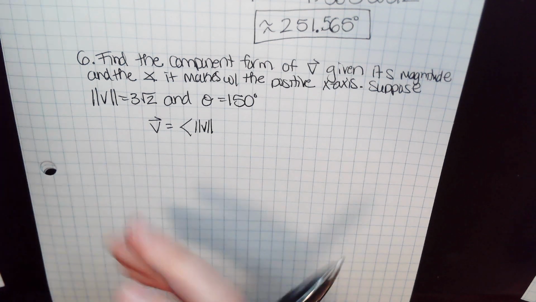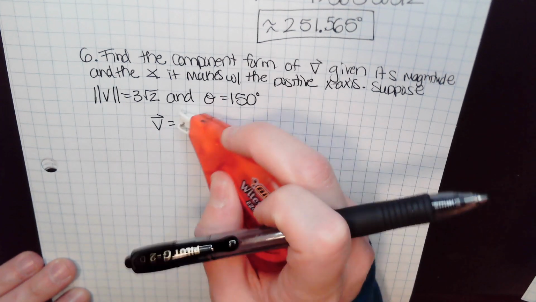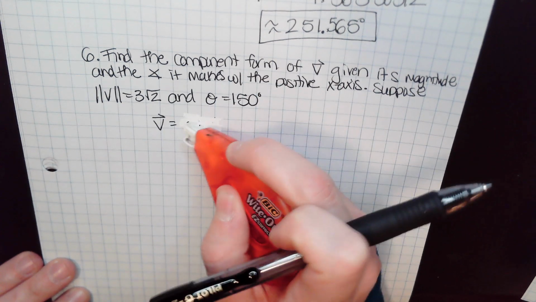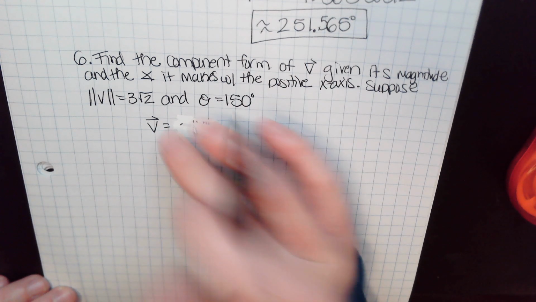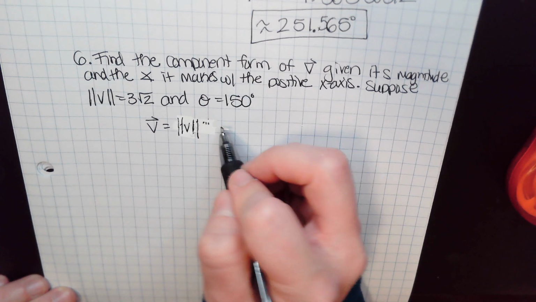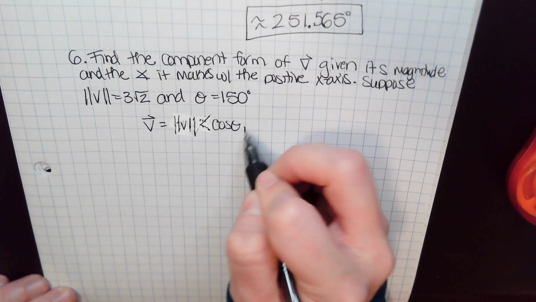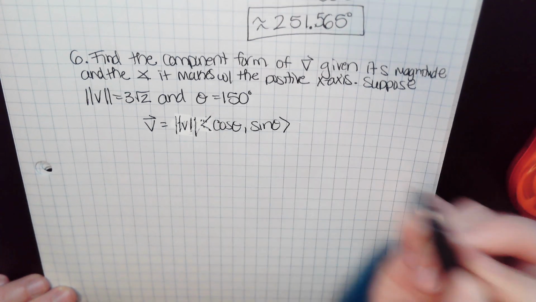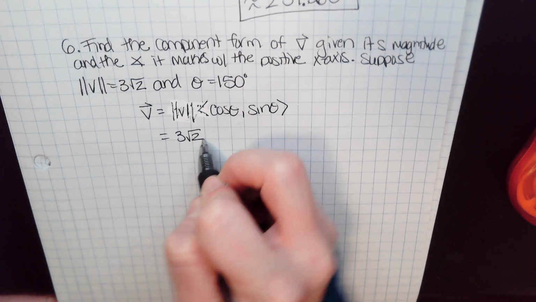I'm going to write this on the outside. So our magnitude of v times cosine theta, sine theta. All right, so we know the magnitude is 3 rad 2.